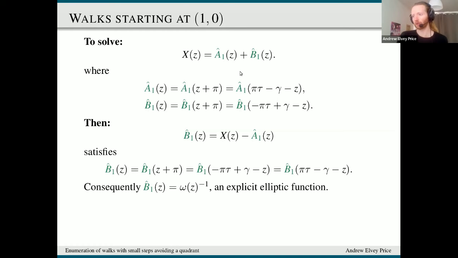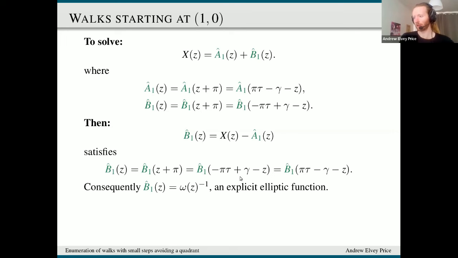And so this is nice because A1 and B1 satisfy these symmetry relations. This is always the case for A and B, and x satisfies the same relations as A, sort of the reason why A satisfies these relations is because it's defined using x. Then if we rearrange this, we write B1 is x of z minus A1 of z, then B1 has to also satisfy the symmetry relations of A1.